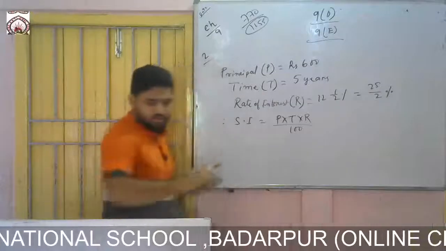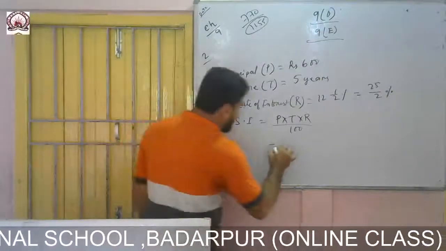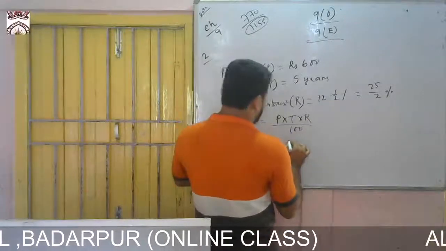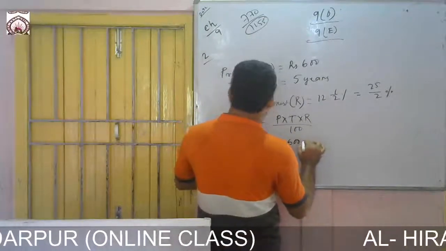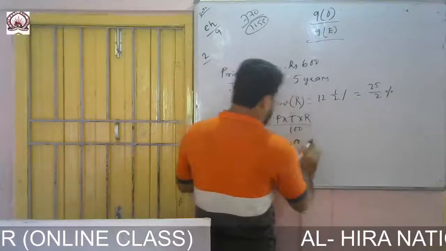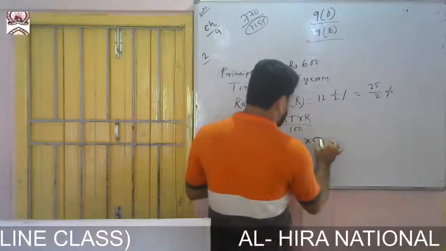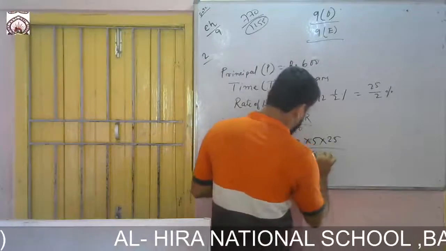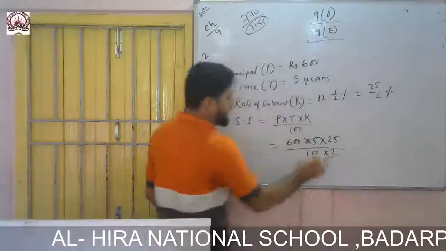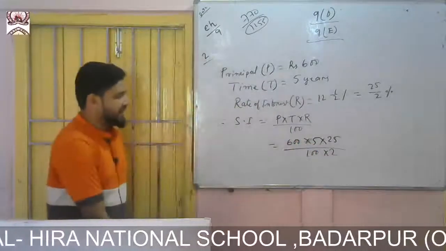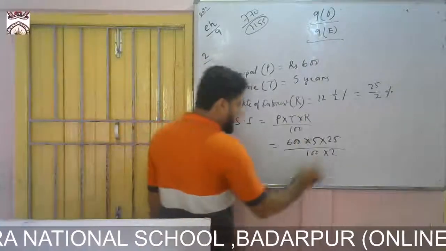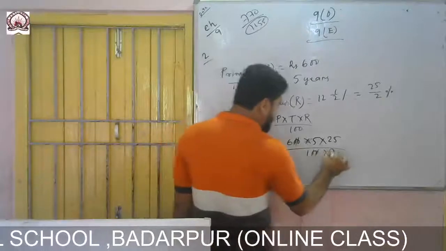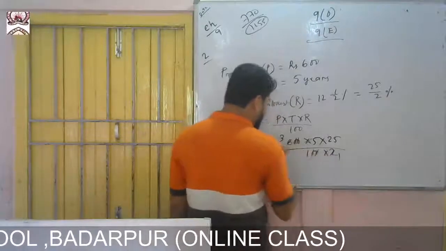SI is P into T, 5 years, into rate of interest 25 by 2. This 2 will come here, 25 by 2 as a fraction. Now cancel. This 0, this 0 cancel. Remaining, 2 1s are 2, 2 3s are 6.